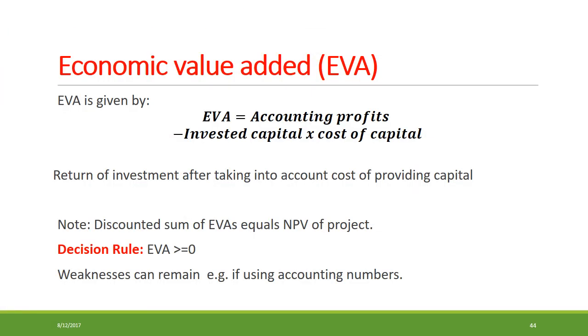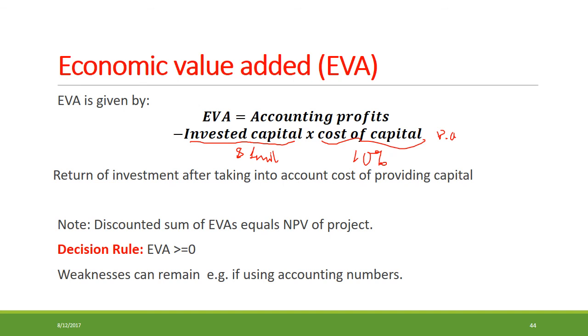So this is our profits. We then deduct from the profits the cost of capital, right? So this is the size of the invested capital, say $1 million. This is the average cost of capital per year, say 10%. So this method gives us a number.